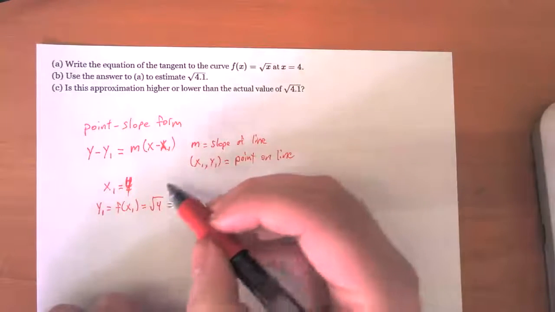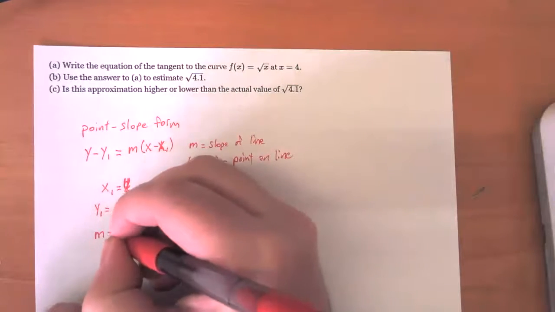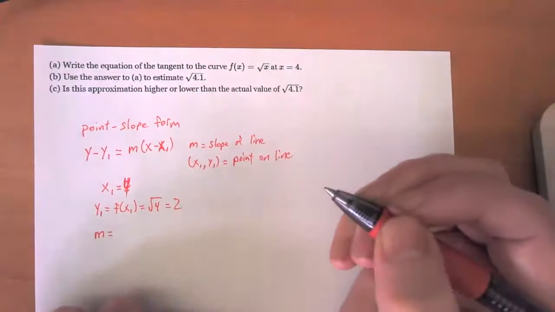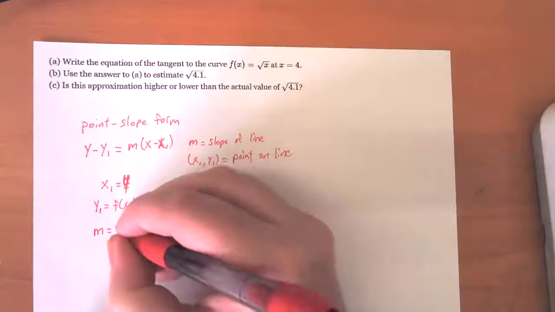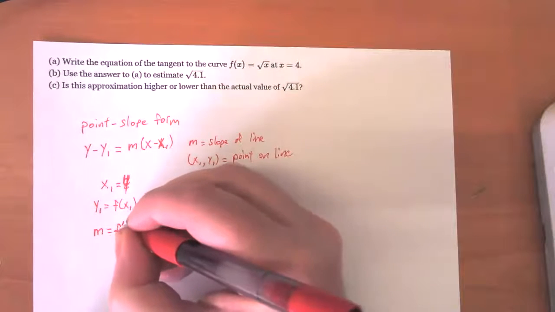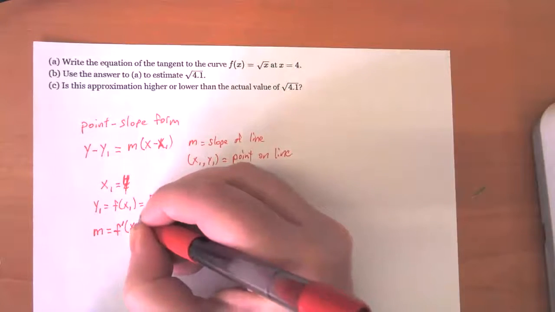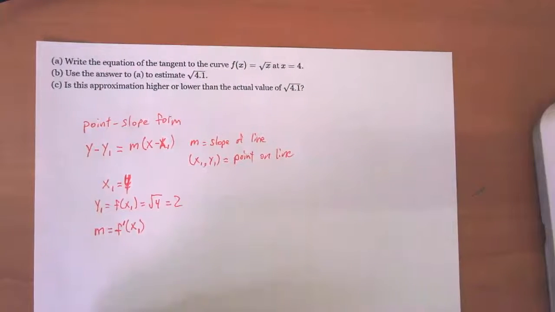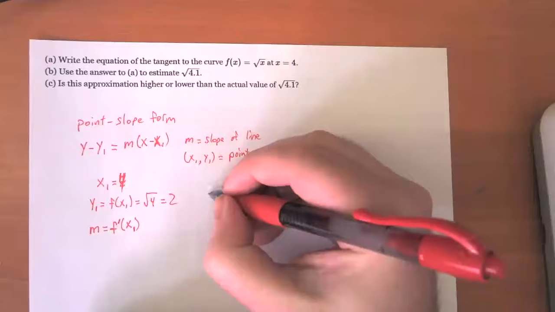And the last thing is the slope of the line. And so the slope of the line is, what is slope in terms of calculus? Well, slope is derivative. So that's the derivative of f evaluated at x1. All right, so let's think about what that is.